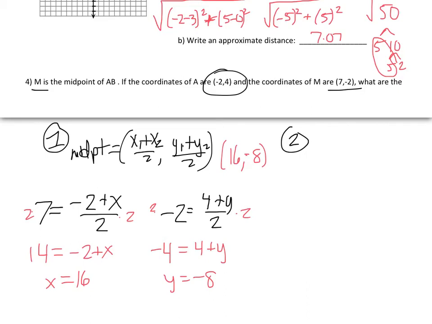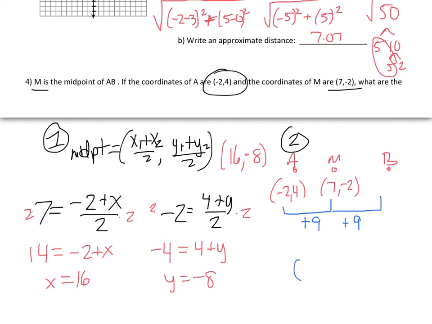Here's the way I would suggest doing it. Point A is negative 2, 4. The midpoint is 7, negative 2. And I want to know point B. Watch this. The x values increase by 9 as we go to the midpoint. So what's going to happen as we go to the B value? It's going to increase by 9 as well.